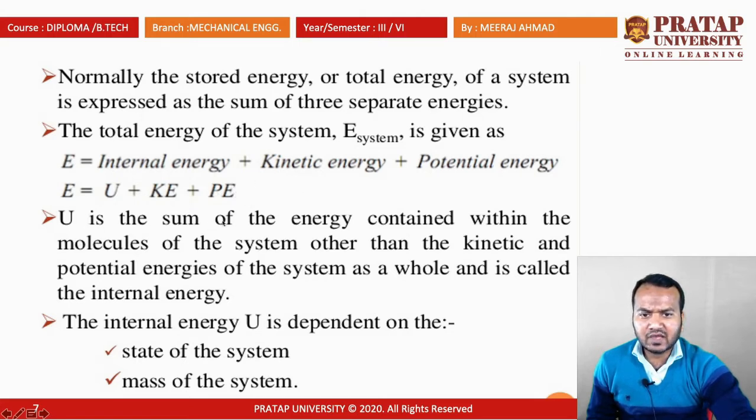U is the sum of the energy contained within the molecules of the system, other than the kinetic energy and potential energy of the system as a whole, and is called the internal energy. The internal energy depends on the state of the system and the mass of the system. According to Joule's law, internal energy is also a function of the temperature of the system.